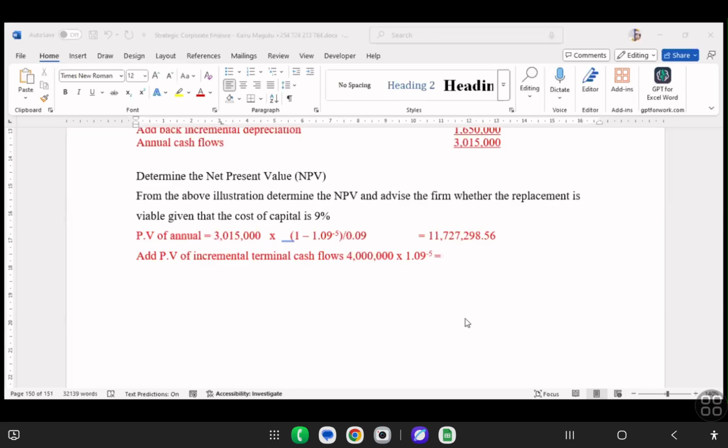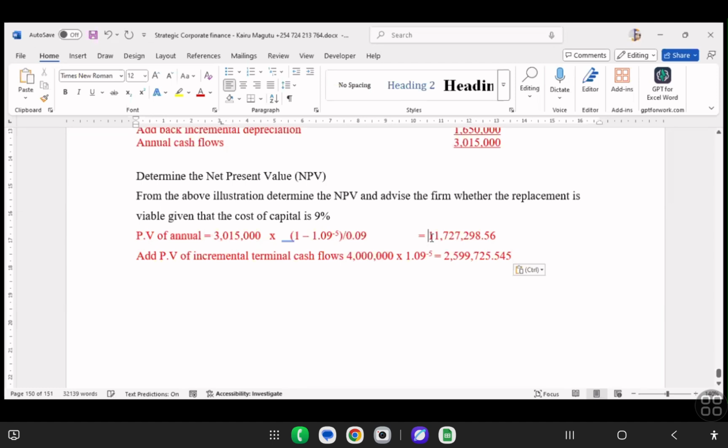How much is the present value of the terminal cash flow? $25.99. Which is which? $25.99 or 27? I see another one, 25. Yeah, majority are giving $25.99. I'll go by $25.99.